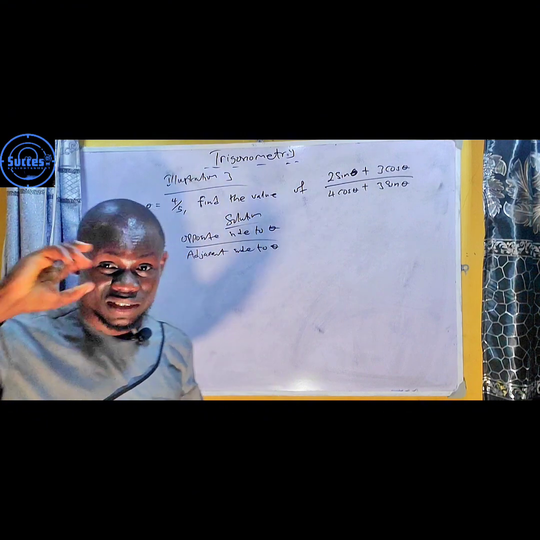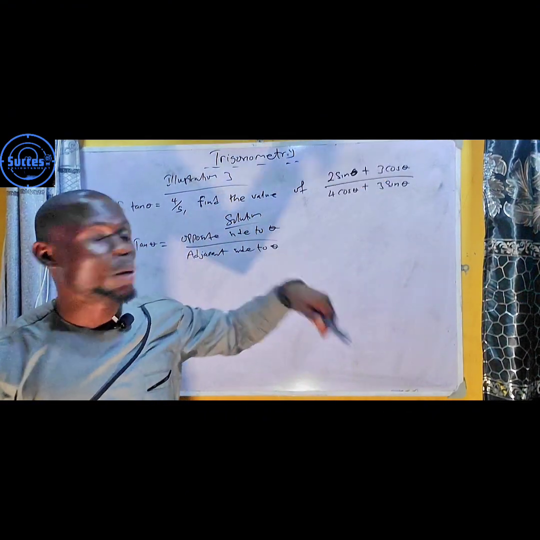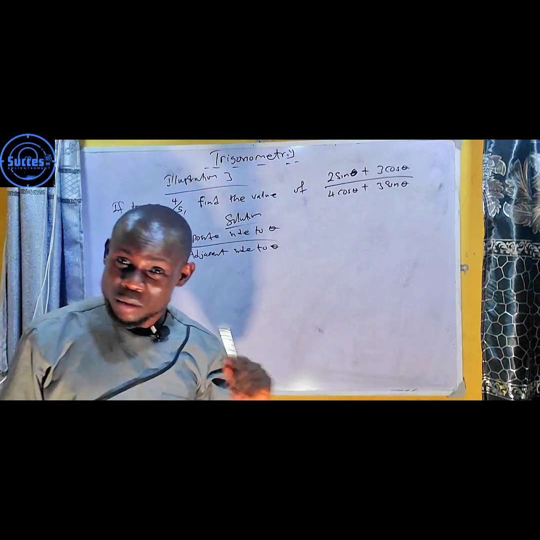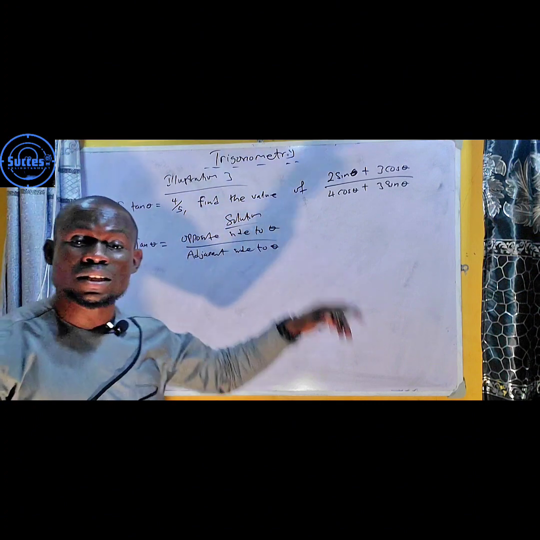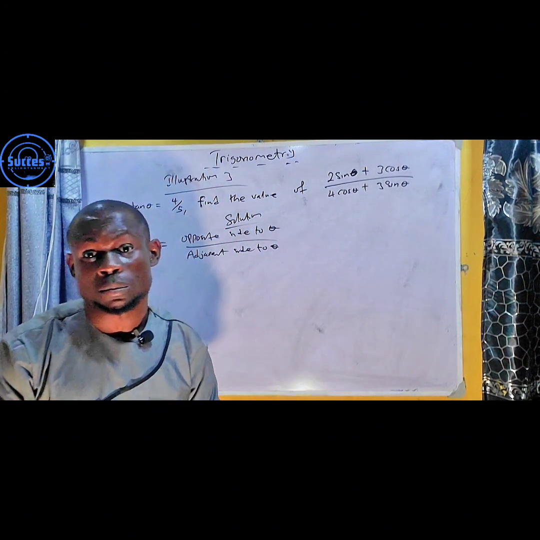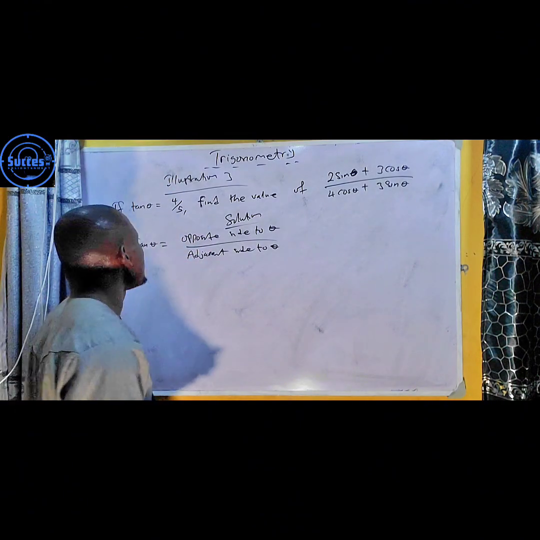You have the right angle, which is 90 degrees, you have theta, and you have one other angle. The opposite side to that other angle is not the same opposite side to this theta. So putting this side to theta there saves you from every possible mistake you can make. This is a standard way to write this. So we are given what?